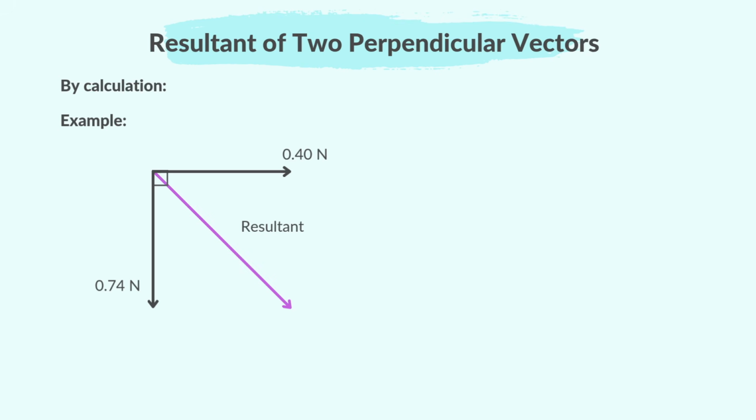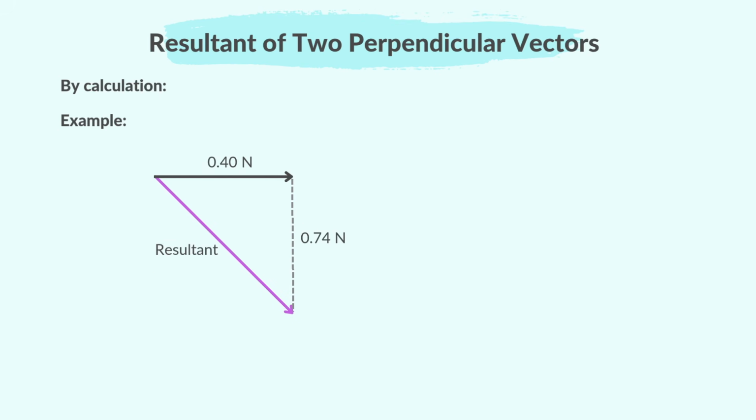To see the triangle clearly, let's draw a dotted line downward from the tip of the 0.40 newton arrow, making it the same length as the 0.74 newton force. We can do this because a force can be moved parallel to itself without changing its magnitude or direction, so it still represents 0.74 newtons.